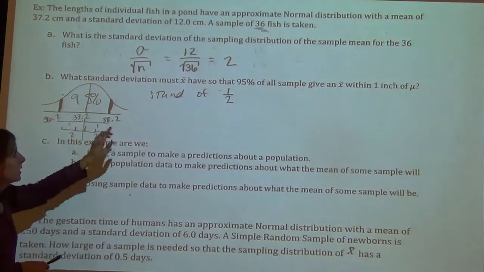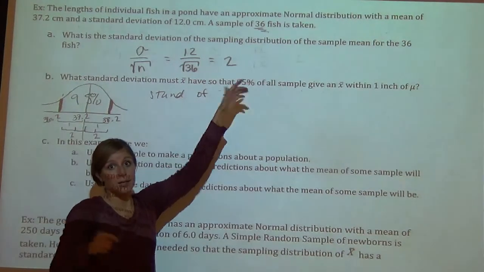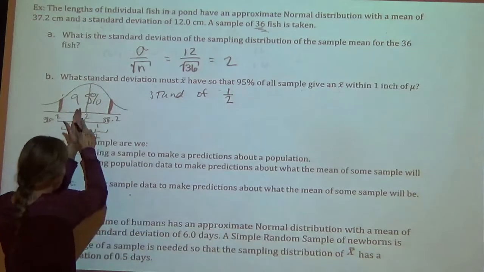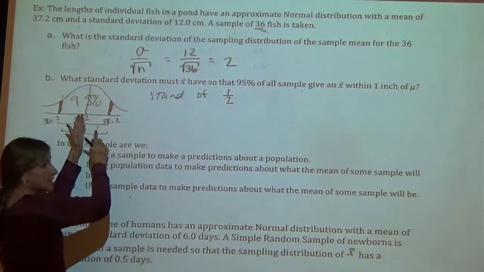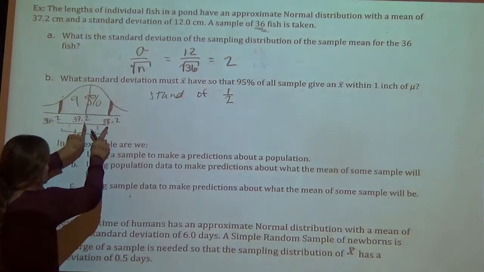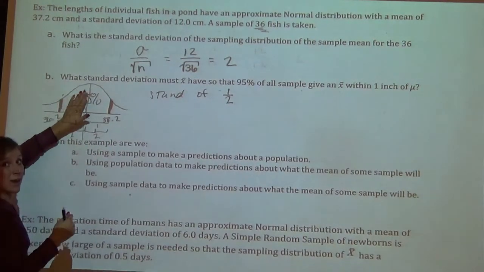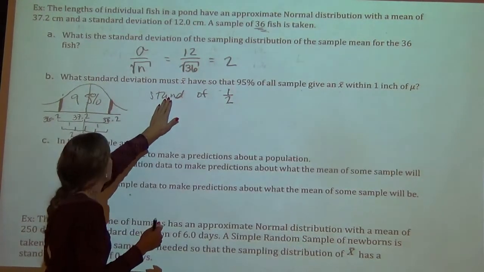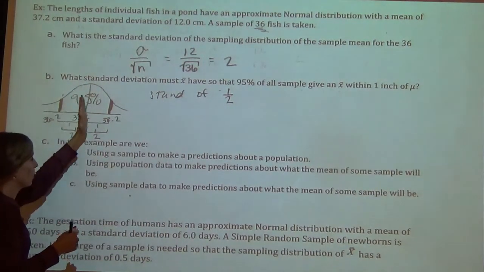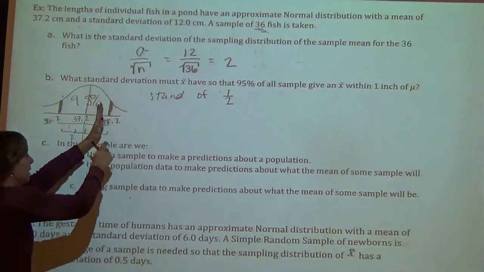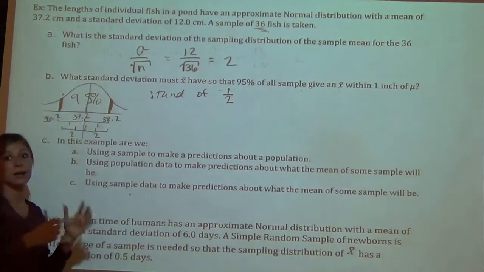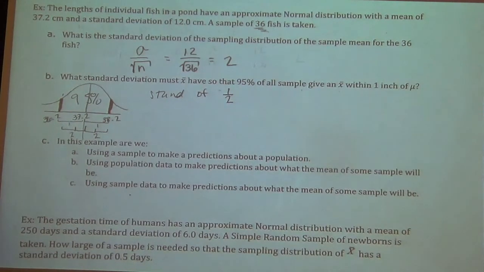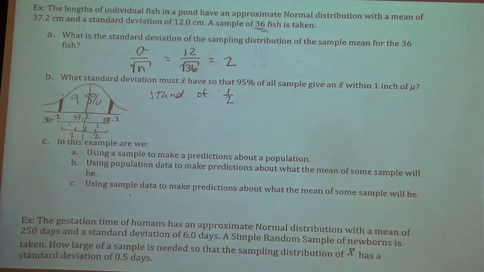Basically 95% is included in a z-score of 2, right? So we know 2 standard deviations, or a z-score of 2, distance from the mean over here, and then over here corresponds to 95%. We've talked about that. Now we need to name what standard deviation we need. Well, the standard deviation would have to be 1/2, because this distance is 1, and 1/2 covers this whole part right here. So it's a little bit funky to understand because it's not totally computational, but that is sort of what's going on with that.